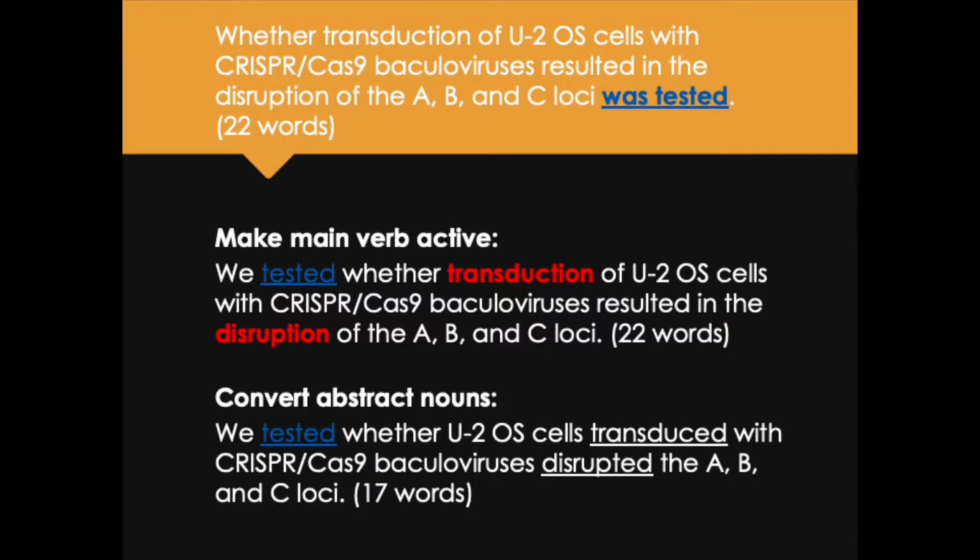So I've taken these abstract nouns and made them into other parts of speech. So transduction becomes transduced, which is part of a modifying phrase describing the cells, and disruption becomes disrupted. And we also went from 22 words down to 17 words. So that's going to improve our readability scores also.